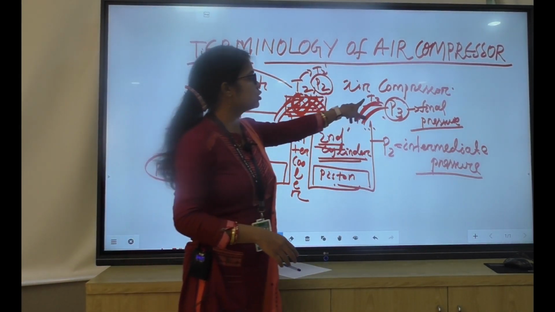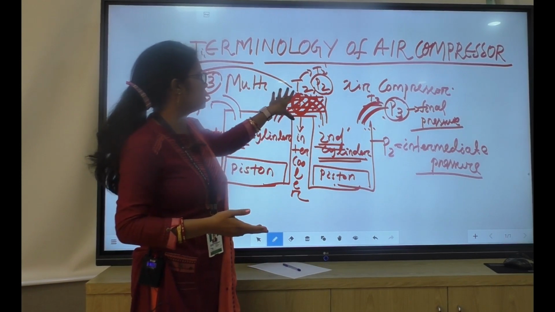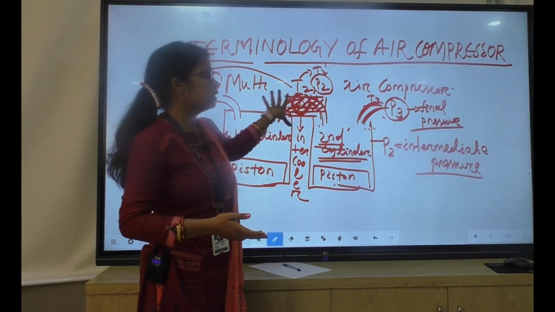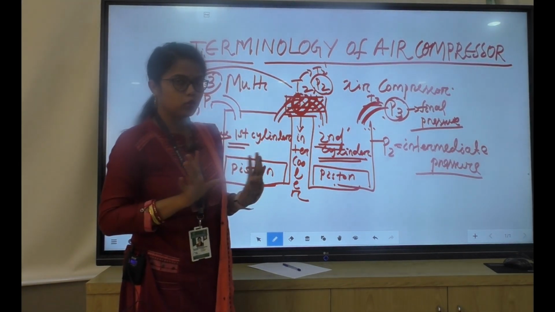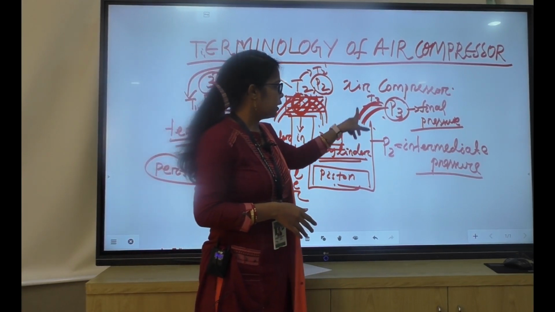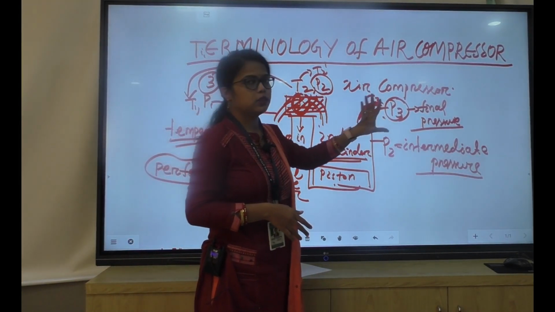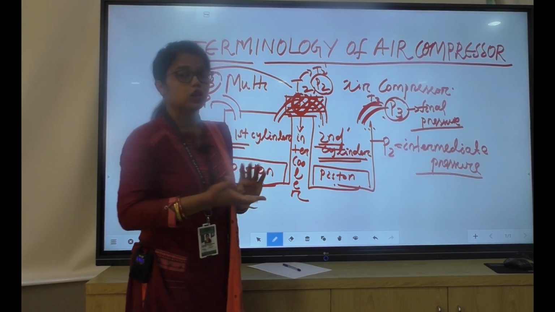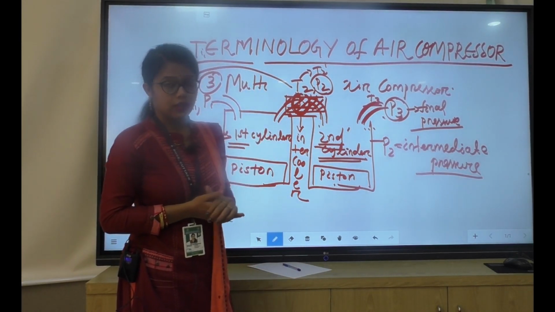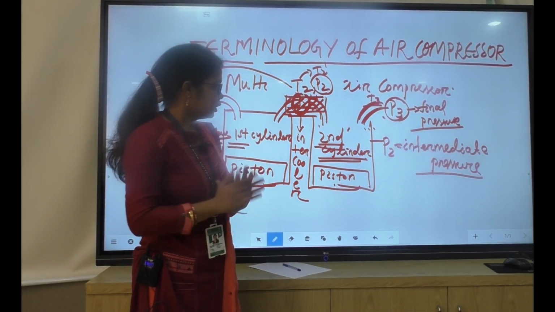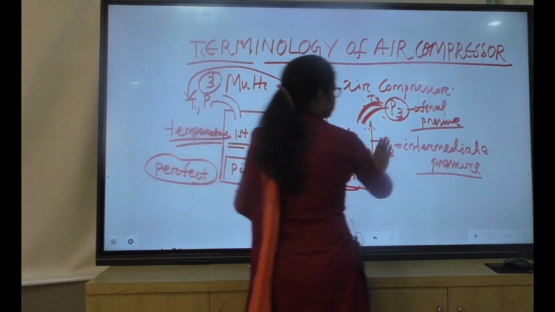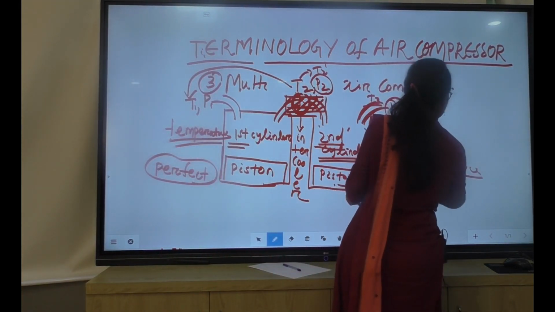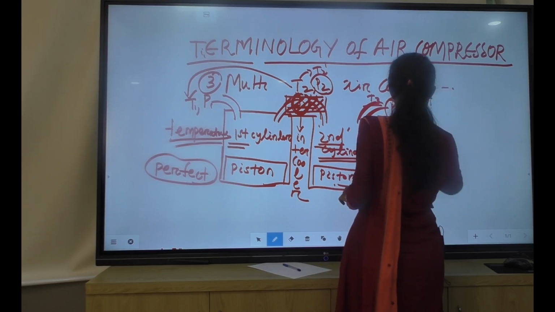And T3 is not much more, because we have reduced the temperature in this intercooler. That is okay for us. So the air at T3 and P3 will go to the storage tank for further utilization. Clear? Now coming to another term, that is pressure ratio.